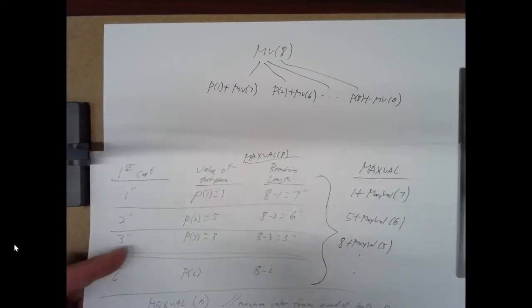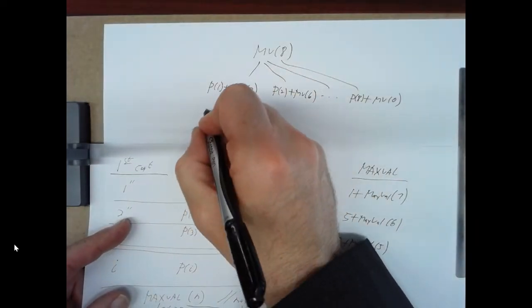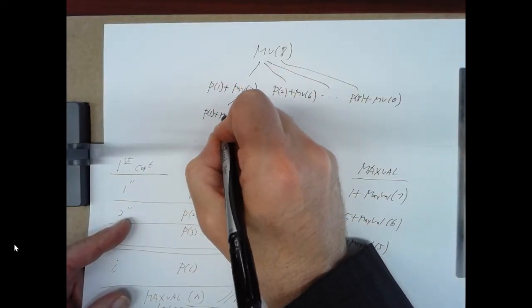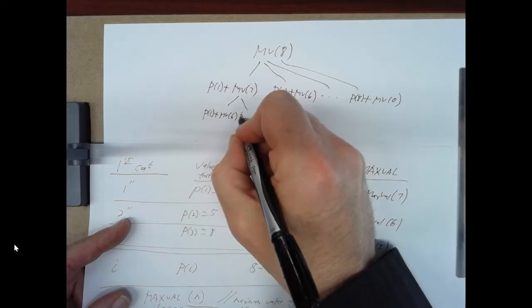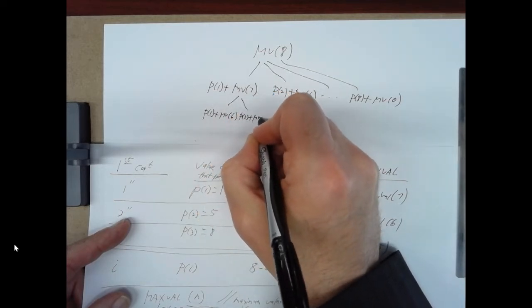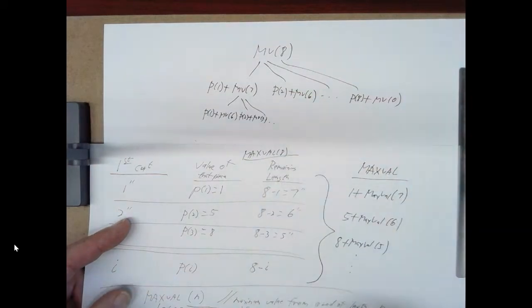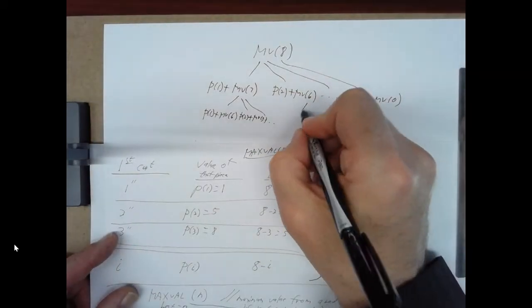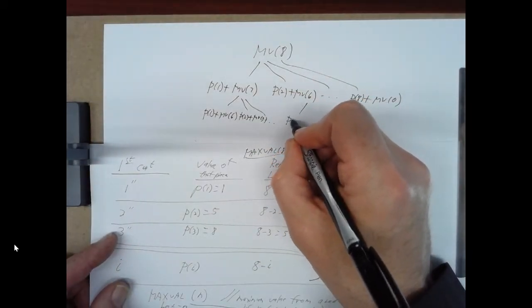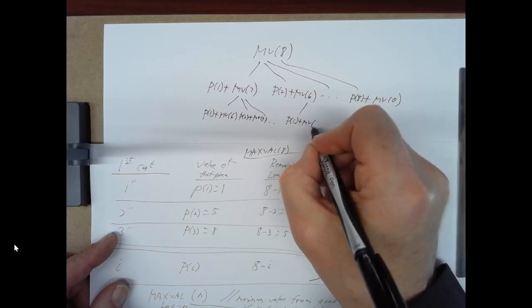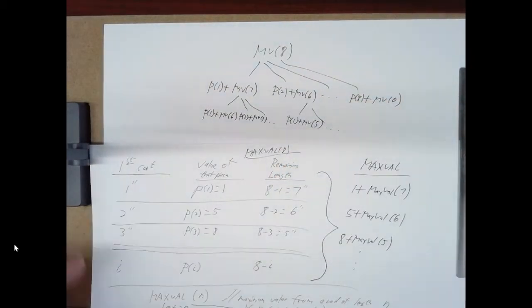And to find max val of 7, that's the price of 1 plus max val of 6, price of 2 inches plus max val of 5, and so on. And max val of 6 is price of 1 plus max val of 5, and so on.